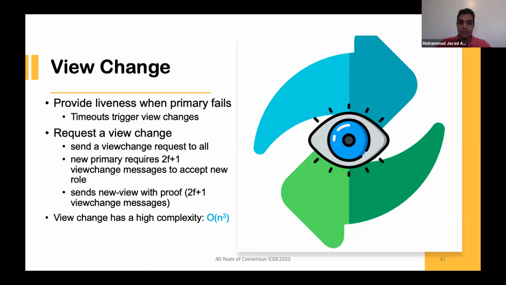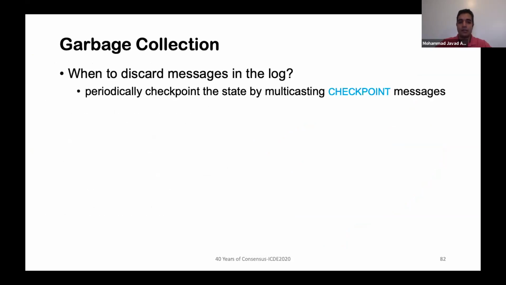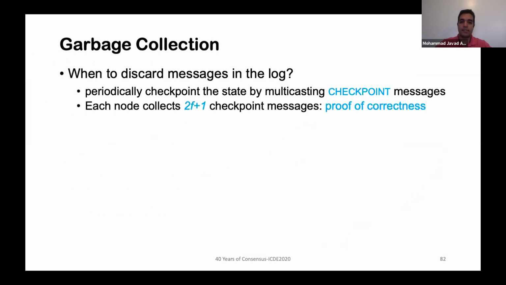But the problem is that view change has a high complexity, O(n^3), because we have O(n^2) message communication and we might have consecutive malicious failures. Finally, garbage collection tries to discard the messages in the log.